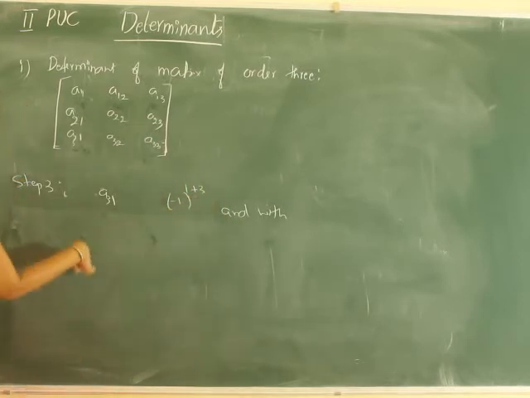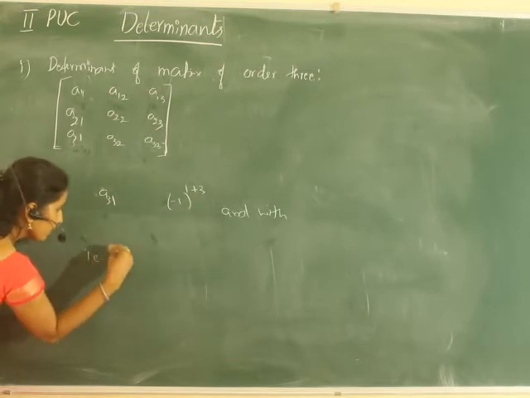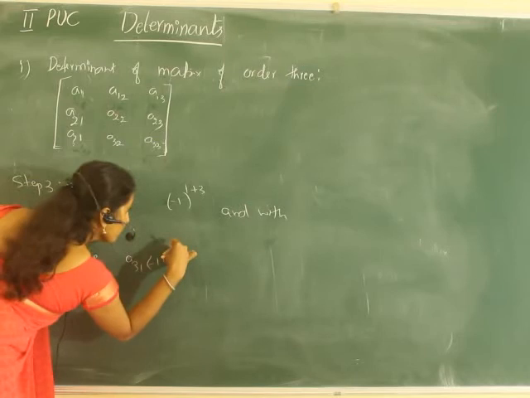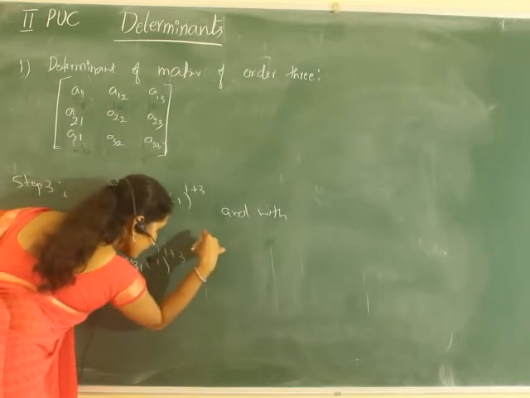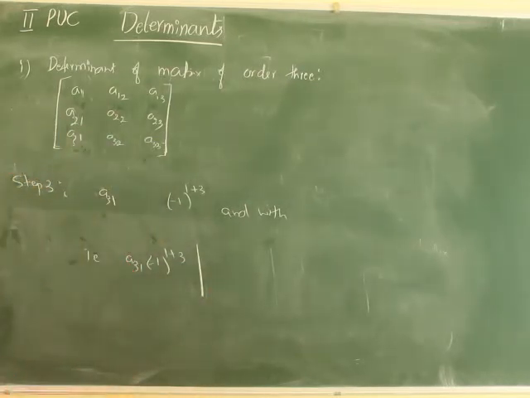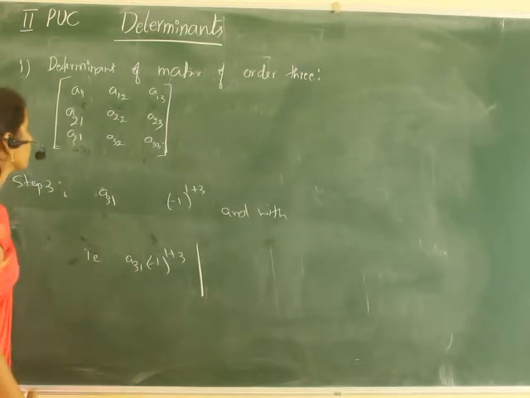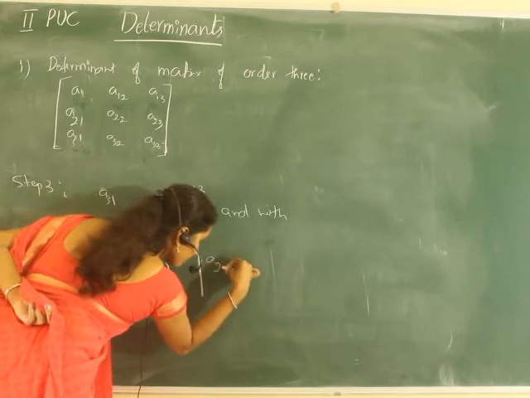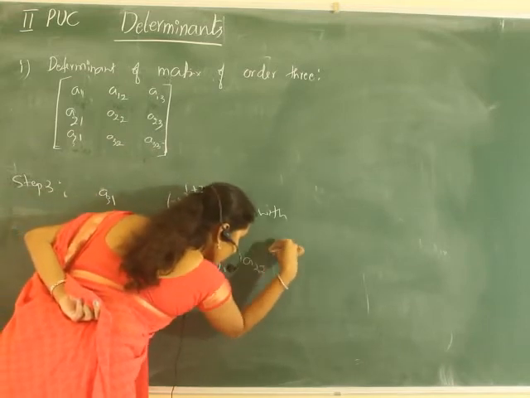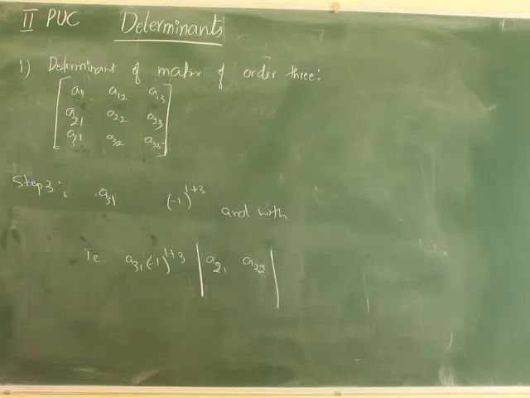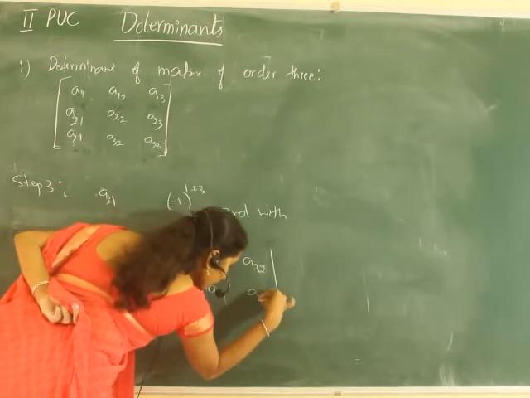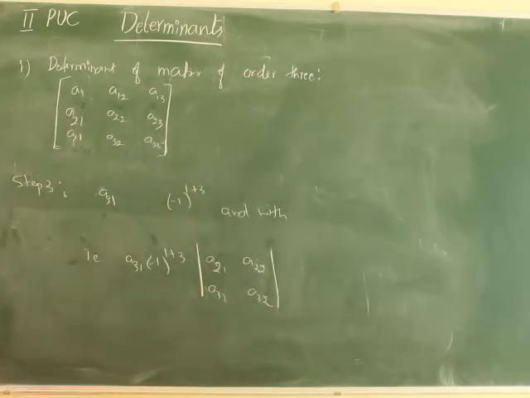That is A31 into minus 1 to the power 1 plus 3 into the determinant A21, A22, A31, A32. So these are the 3 steps expanding along row 1.